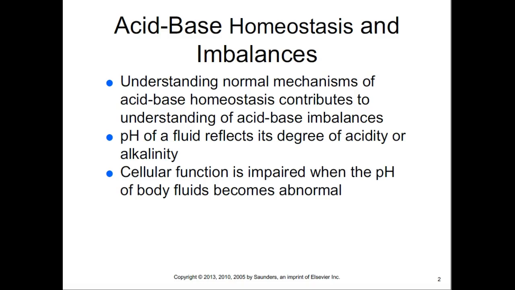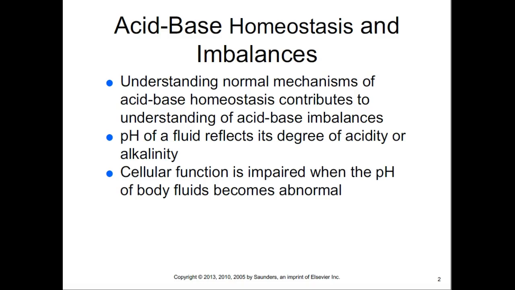Usually the respiratory system works very quickly by adjusting the amount of carbon dioxide that you exhale, but it cannot make major shifts in pH, only minor shifts. Your urinary system can make major shifts in pH and can really save your life if you become acidotic.